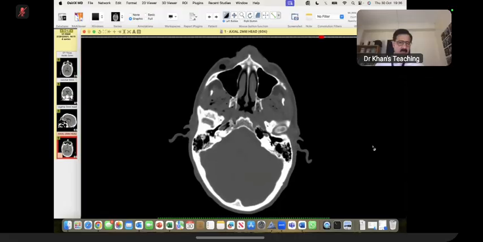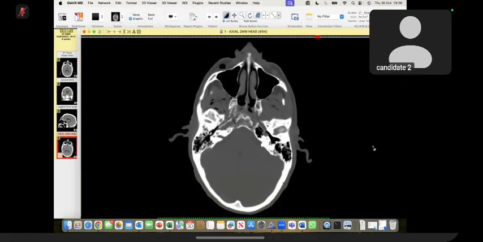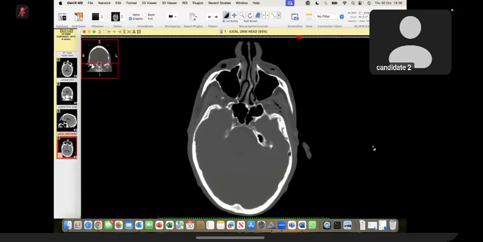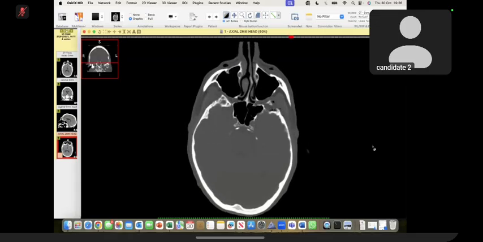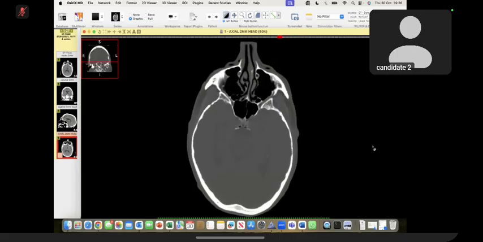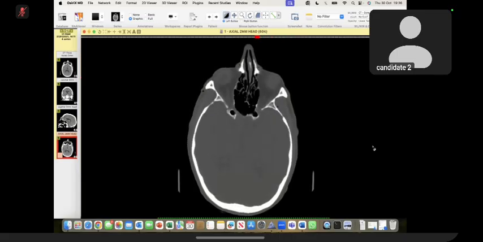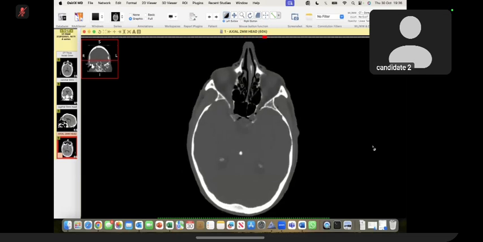So they're all patchy, scattered bilaterally. Yes, along the petrous segment of the left ICA, there are also some air lucencies and along the left temporal lobe.